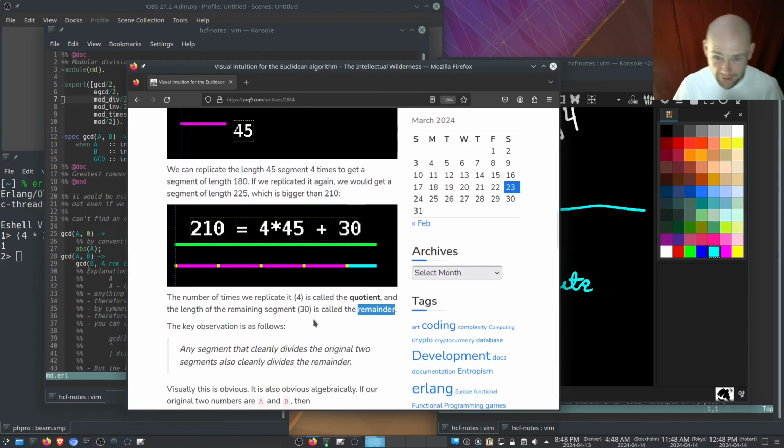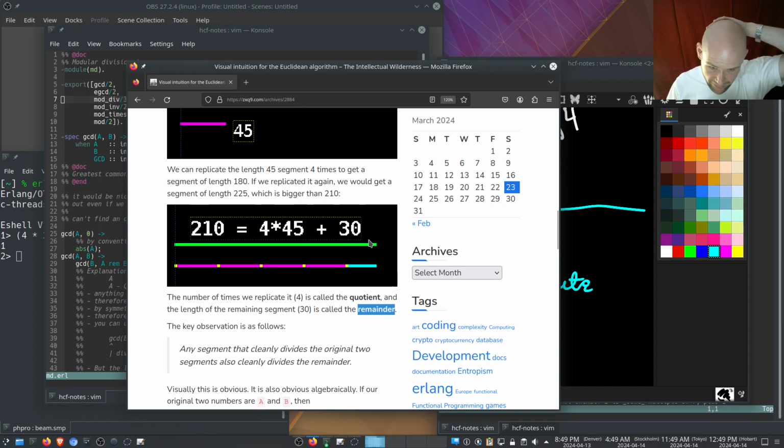The most important observation to make here is that any number or any segment that evenly divides both the original two segments is also going to have to evenly divide the remainder, because it's going to divide this pink segment, this pink segment, this pink segment, this pink segment. We're also going to get an equivalent partition on the big green segment here.